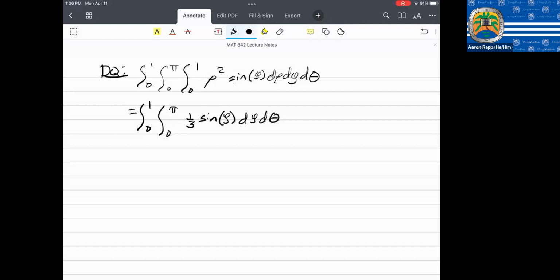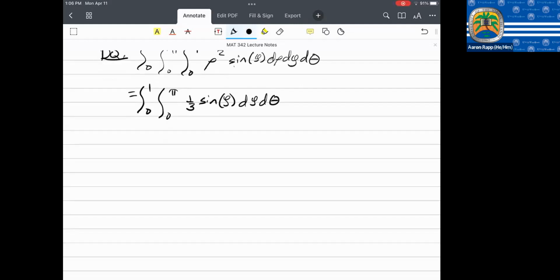So then I have to go, okay, what's the antiderivative of sine of phi with respect to phi? What is it? Cosine. 1/3 times negative cosine, evaluated from 0 to pi. So when I plug in pi to cosine, what is that going to get? -1.